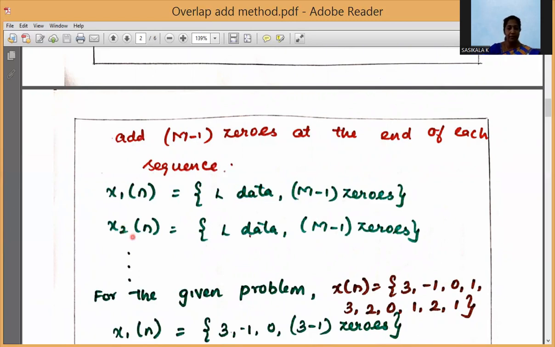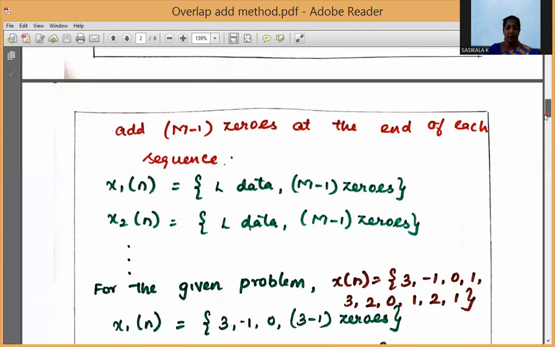That is the m1 length. So x1 of n can be written as L data followed by m minus 1 zeros, and similarly x2 of n is L data followed by m minus 1 zeros. This m minus 1 zeros should be added at the end of each sequence.